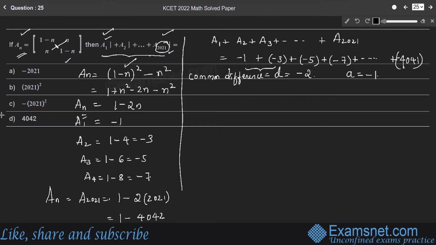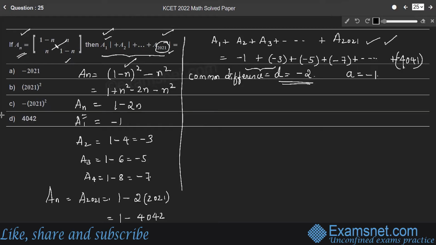We need not write the last term, because we are going to find the sum of the terms in the given progression. Since there is a common difference, the given series is an arithmetic progression. If there is a common ratio, the series is called a geometric progression, right?